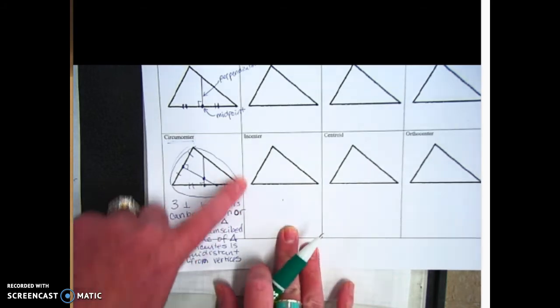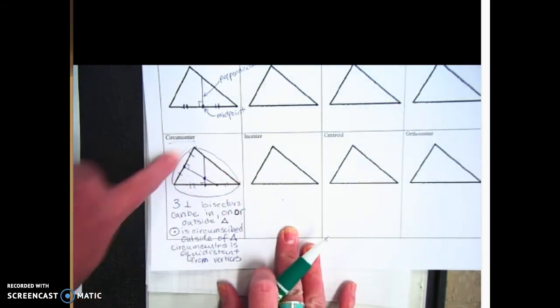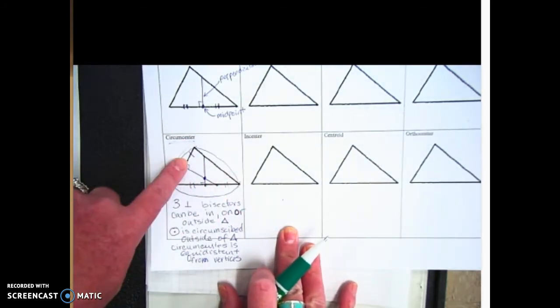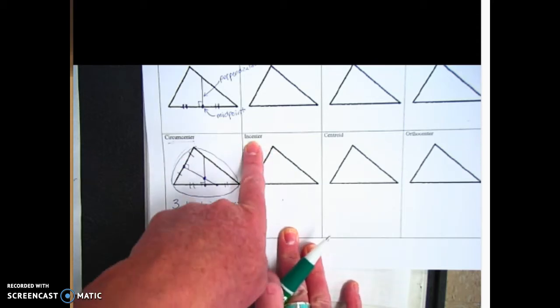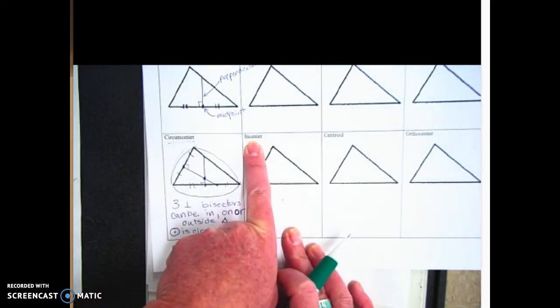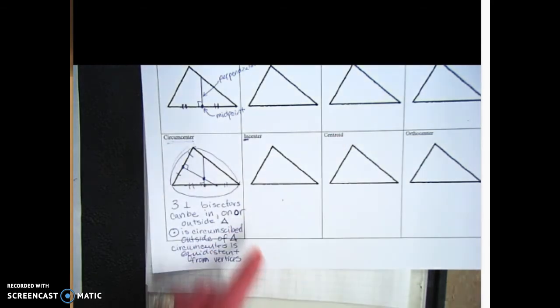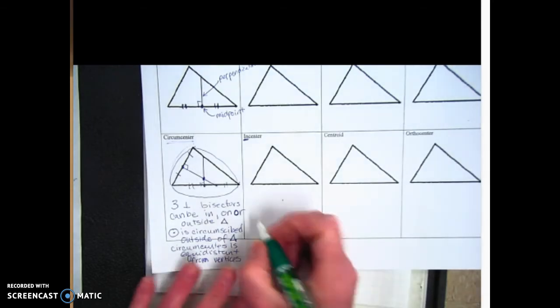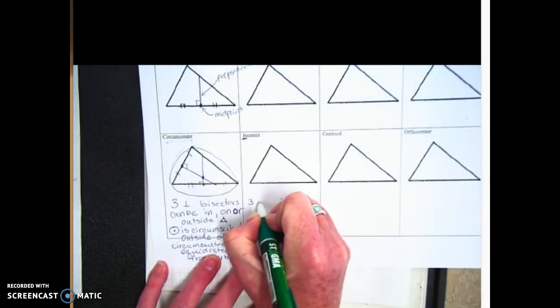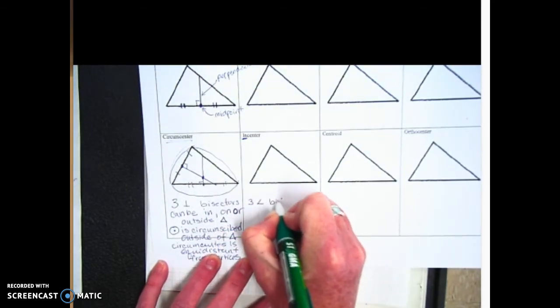So this circle is circumscribed, meaning it's on the outside, versus the next box that's titled in center. This in probably means that the circle's going to be where? Inside, okay? So the in center is going to be composed of 3 angle bisectors.